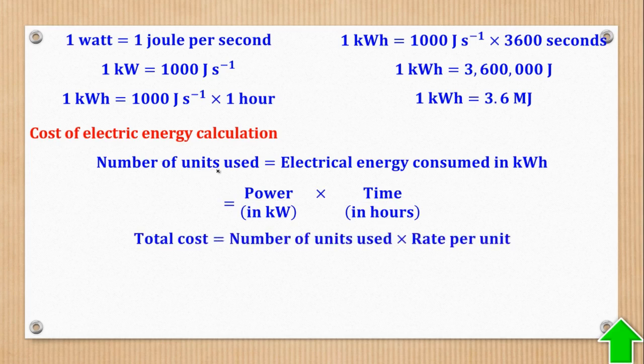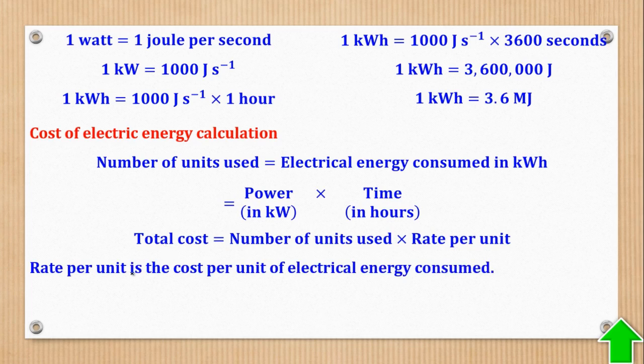Those are the number of units used. Therefore the total cost will be the number of units used times the rate per unit. The rate per unit is got from the electricity board, and it is the cost per unit of electrical energy consumed.